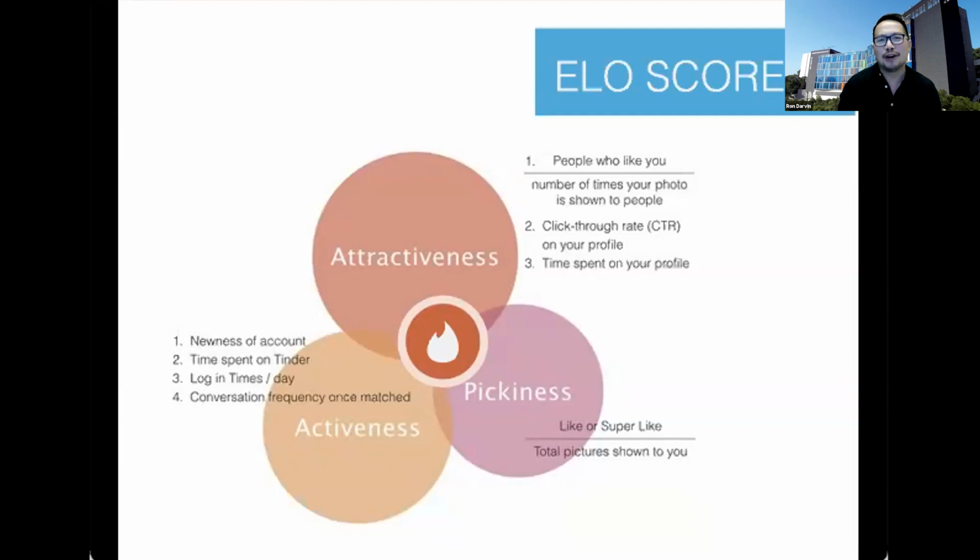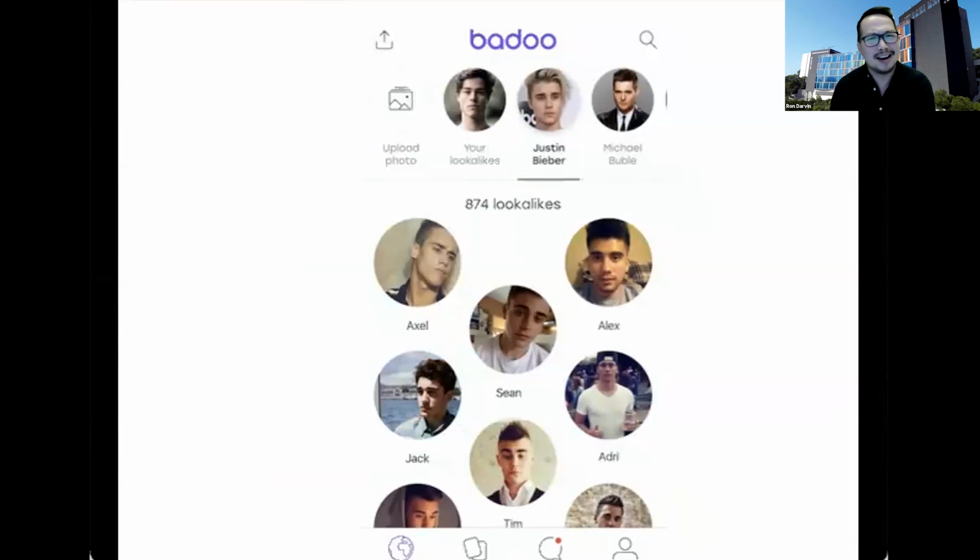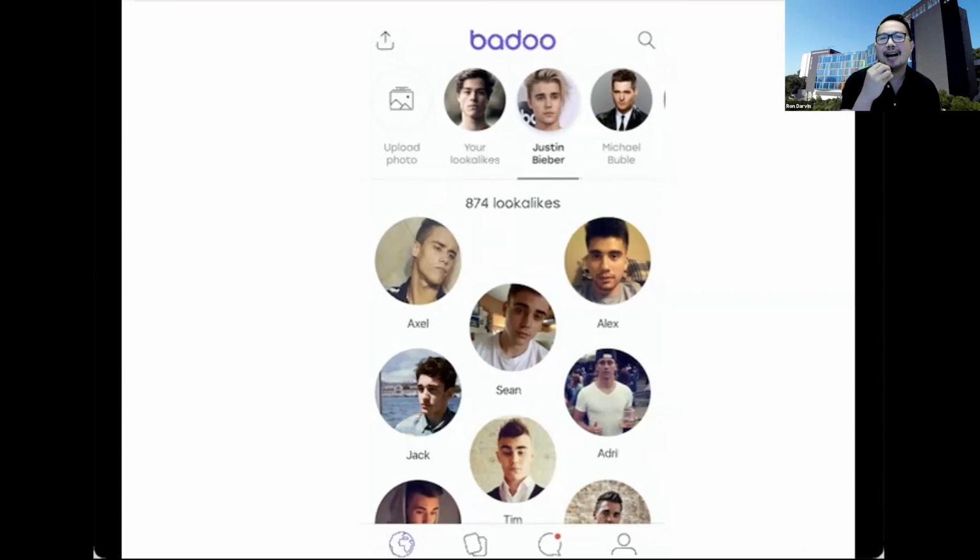In fact, I don't know if you've heard of Badoo, which is another app. I don't think it's as popular, but one of the things that they do have is actually a feature where if you're someone who's crazy about Michael Bublé, for instance, and you're looking for people who look like Michael Bublé, you can just click on Michael Bublé, and through AI they're able to read facial features of different users to find who would look like Michael Bublé and send these profiles to you.